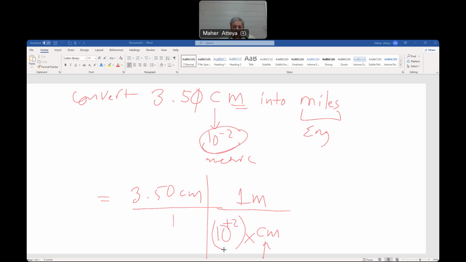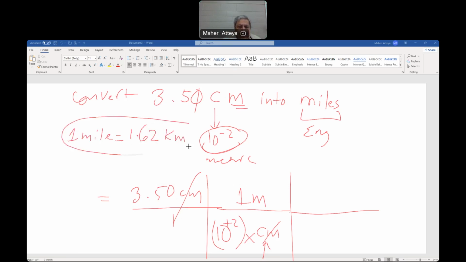Okay, guys, so centimeter cancels out. I have meters, but I don't have any relationship between meters and miles. So I know the kilometer and the mile relationship. 1 mile is 1.62 kilometers.